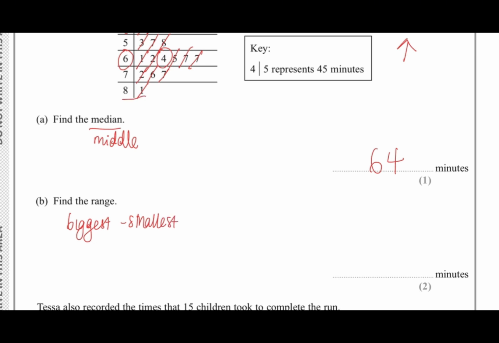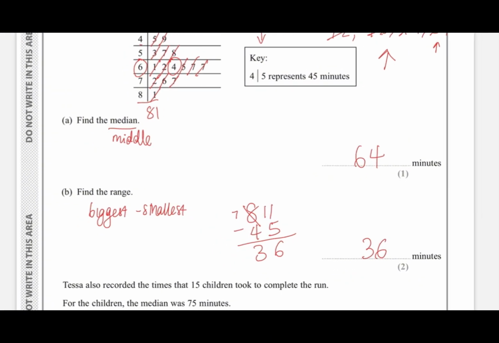The biggest number here is 81, just like we wrote here. And here the smallest number is 45. So if we did 81 take away 45, it's a non-calculator paper, so if you just work it out here, your answer will be 36. So you've got 36 minutes, and that's 2 marks.